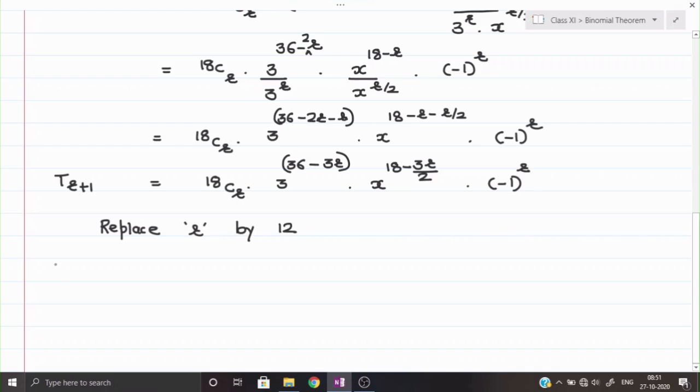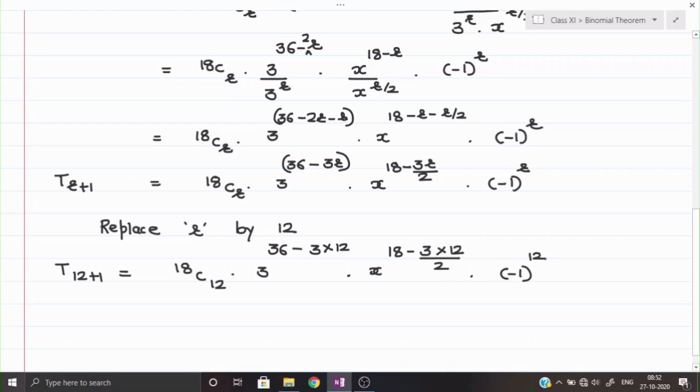12. So this will be T 12 plus 1 is equal to 18C12 into 3 to the power 36 minus 3 into 12, into x to the power 18 minus 3 into 12 upon 2, into minus 1 to the power 12.